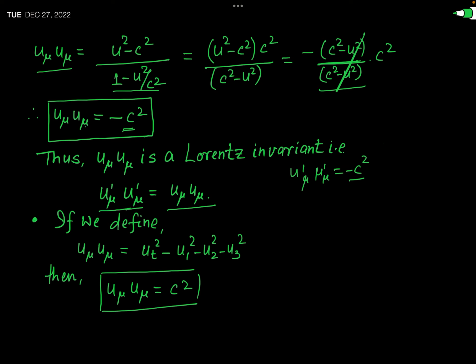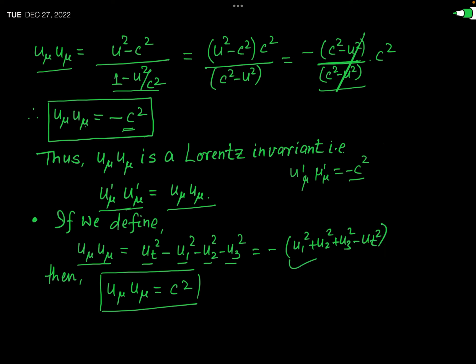Now, as I told you in the previous lecture, some of the authors also define the square of the modulus of a four vector in this manner. It is defined as ut square minus u1 square minus u2 square minus u3 square. So this will be simply equal to minus u1 square plus u2 square plus u3 square and minus ut square.